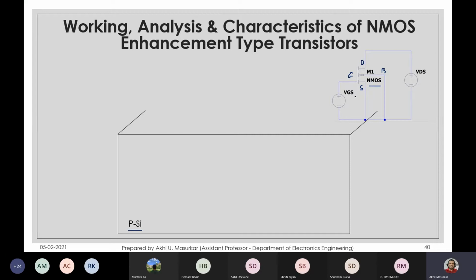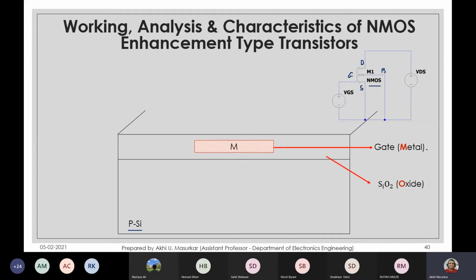Now in the substrate, you can divide this in this way. This is my oxide and this is my P substrate, and inside the oxide I will draw one metal like this, another small box that is of metal. So here we have the gate, this is SiO2, that is oxide.